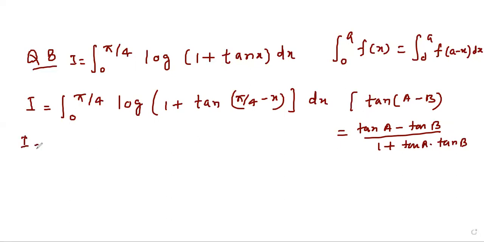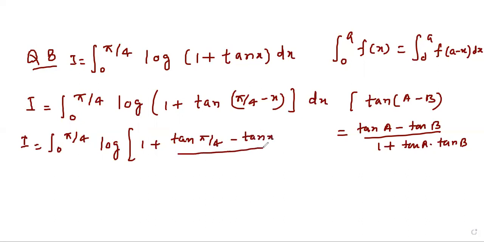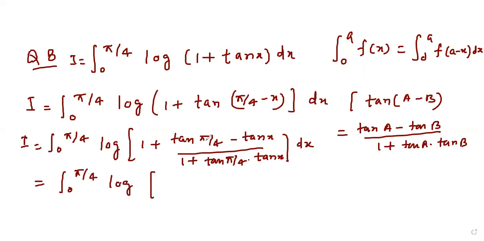It will become I equals integral 0 to pi by 4 log of 1 plus (tan pi by 4 minus tan x) divided by (1 plus tan pi by 4 into tan x) dx, which will become log of 1 plus (1 minus tan x) divided by (1 plus tan x), since tan pi by 4 is 1.